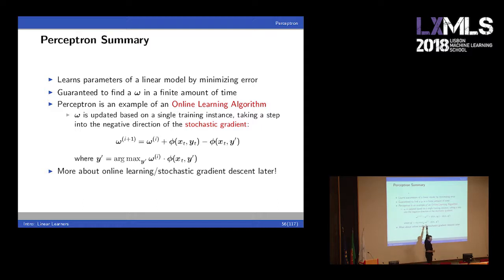And the intuition, and this is how the perceptron algorithm was invented, is that you go in the direction of the positive example and away from the direction of the wrongly predicted example. And we will learn more about online learning and stochastic gradient descent after the break. Thanks.